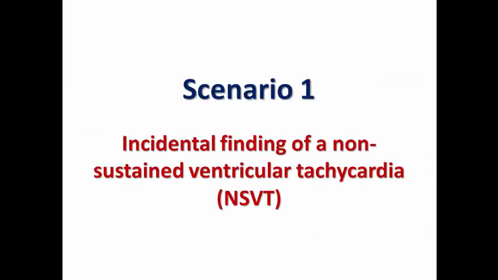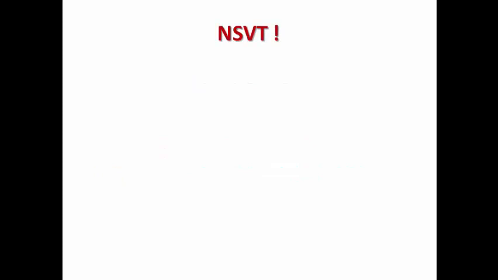Let's have the first scenario, which is an incidental finding of non-sustained VT either on 12-lead ECG or ambulatory ECG. We used to consider non-sustained VT as a high-risk sign in ECG, but not in all cases.